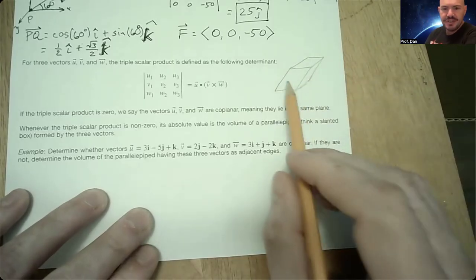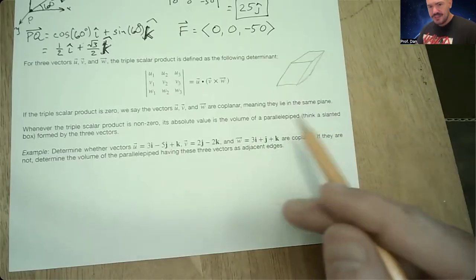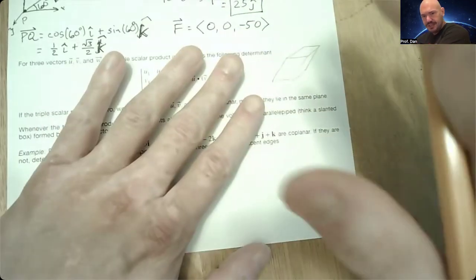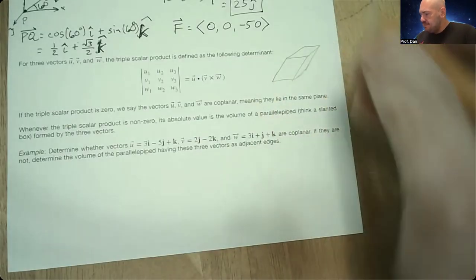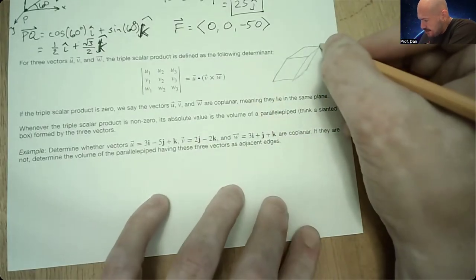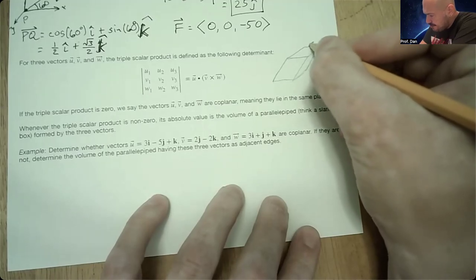So that would be an example of a parallelepiped. It's like I took a box and I just slanted it. And in this case, the three vectors might be something like this.